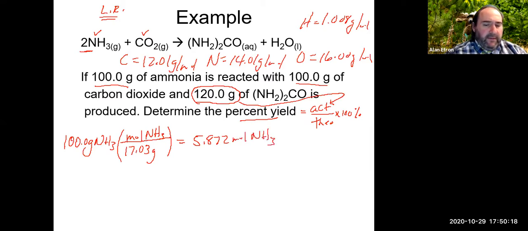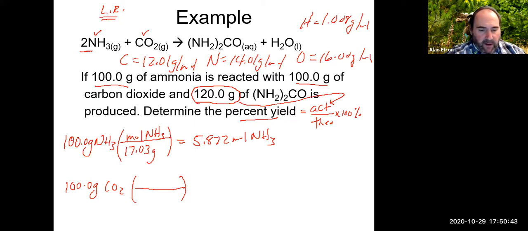We also want to do the same thing with our other reactant, which is CO2. We will take 100 grams of that. We'll go to the periodic table: one carbon at 12.01 and two oxygens at 16 each gets us something like 44.01 for the molar mass.